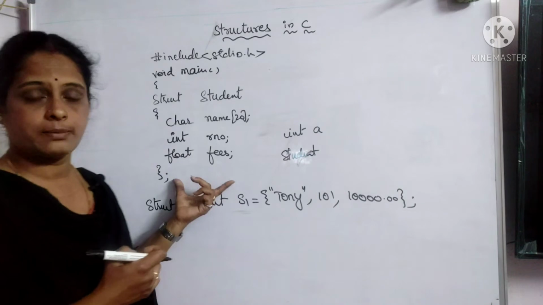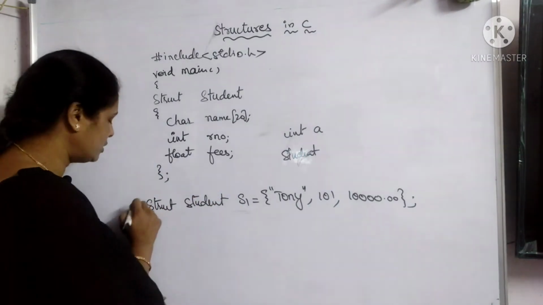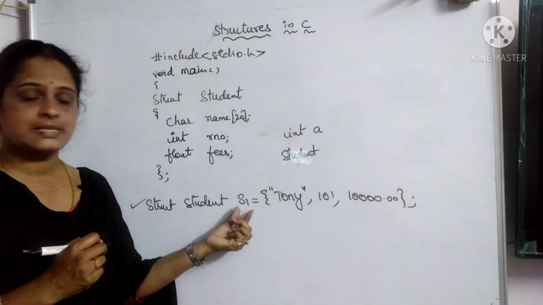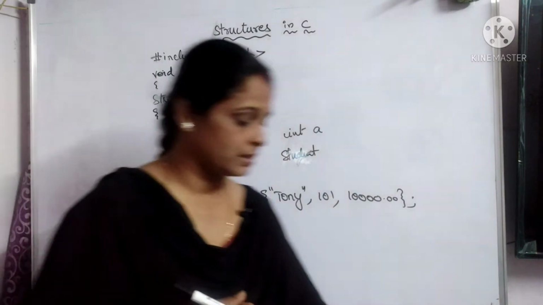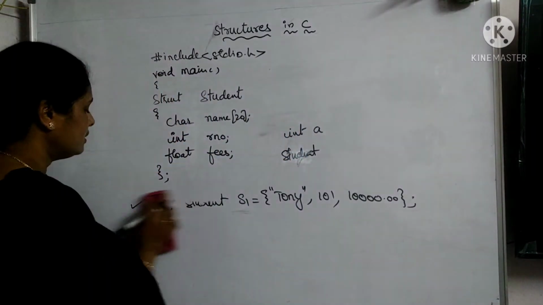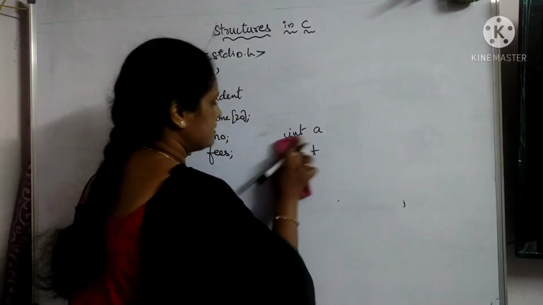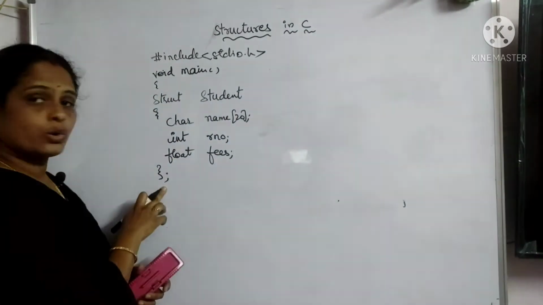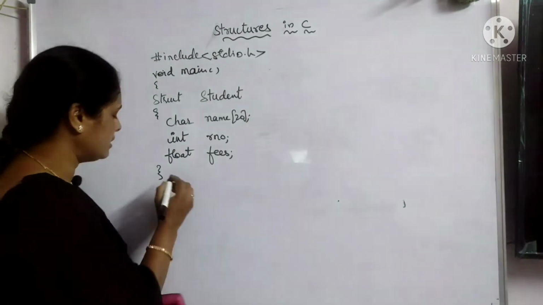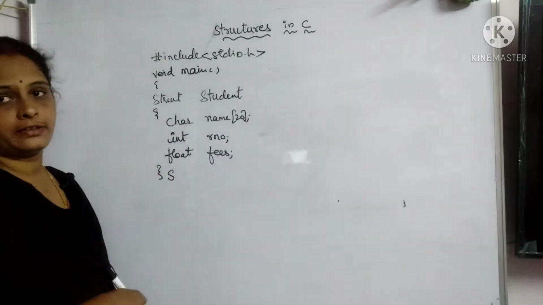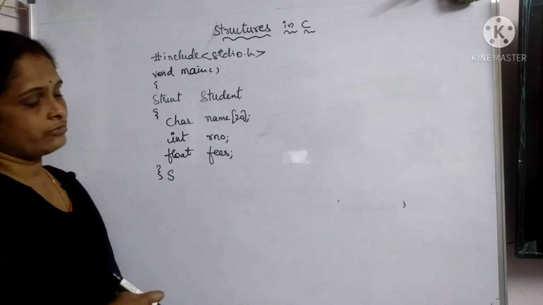Or you can create the variable here itself. This is one method of creating a variable. I'll show you one more method of how to create a variable here. Simply, instead of closing with the semicolon here, you may directly give it here. Okay. Now, one more thing.